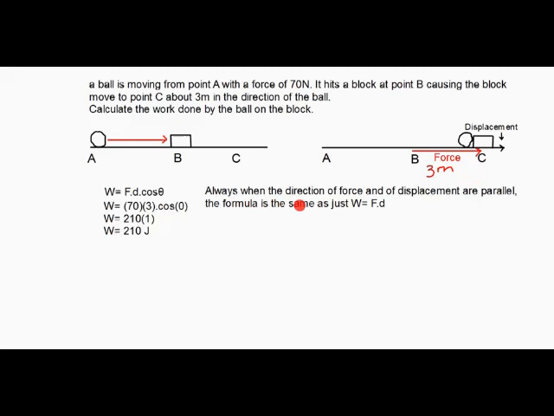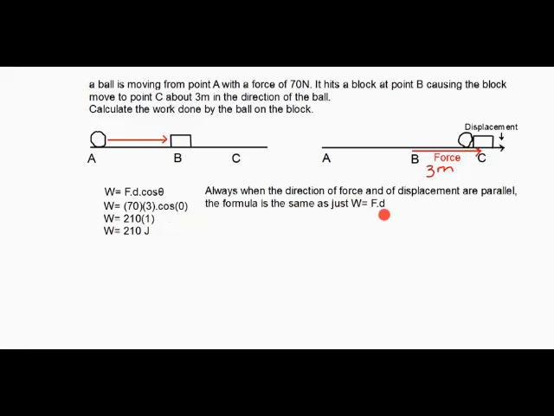Always, when the direction of force and the displacement are parallel to each other, the formula is just W equals force times d. If they are parallel, you don't even need to include the cos, but for your benefit we will include it. When the force is parallel to the displacement, if you push that object in the direction of your force, you can say work is equal to force times displacement.